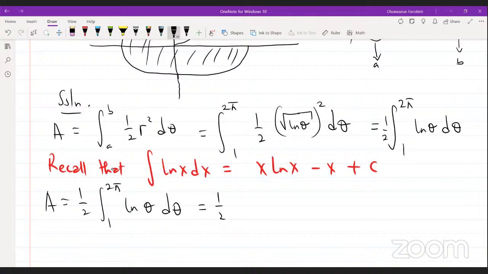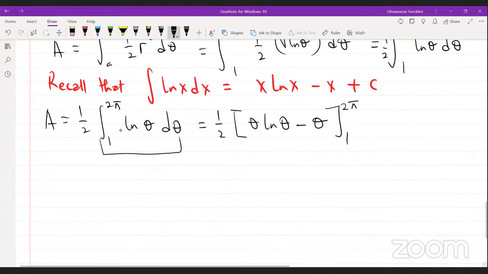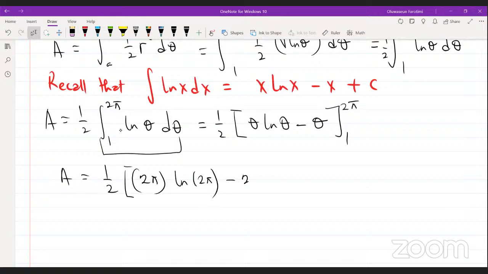So my A is the integral from 1 to 2 pi of ln of theta d theta, times 1/2. Now if I integrate this, it is theta ln of theta minus theta, from 1 to 2 pi. So just plug in the top and the bottom. 1/2, this is going to be 2 pi ln of 2 pi minus 2 pi.